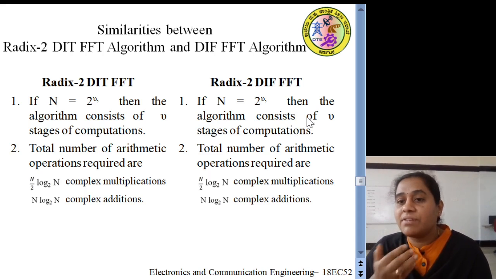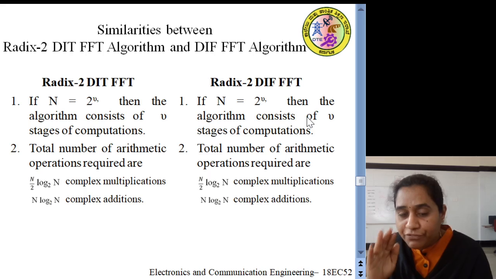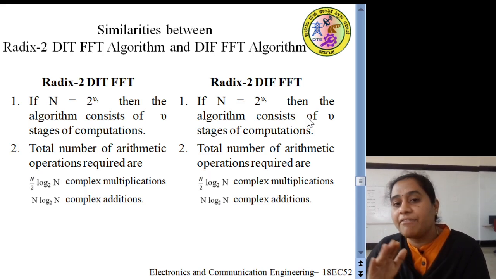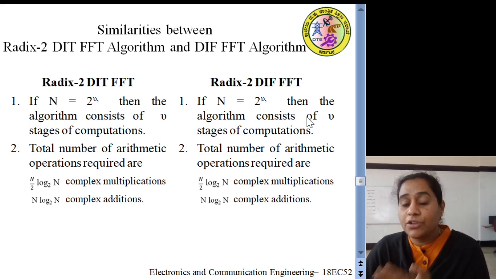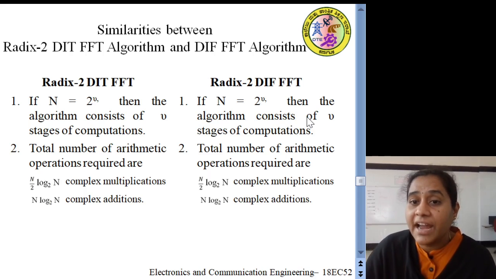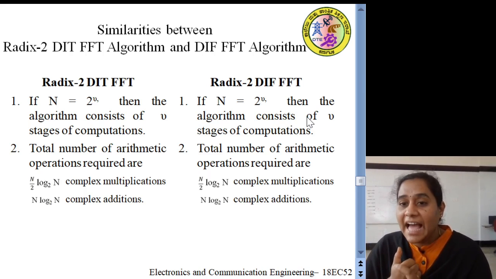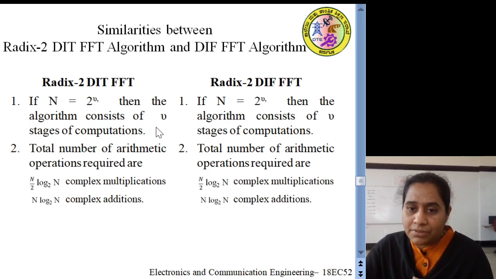In both the DIT as well as the DIF FFT algorithm, if we consider an 8-point DFT, then the value of N is equal to 2 power 3. So for finding an 8-point DFT, we require 3 stages of decimation, both in the DIT FFT algorithm as well as the DIF FFT algorithm. This is the main similarity between these two algorithms.